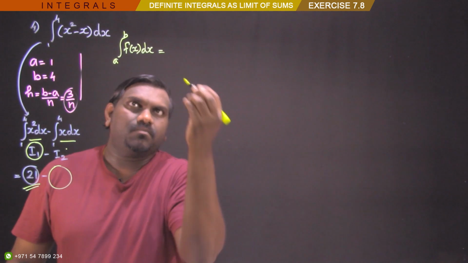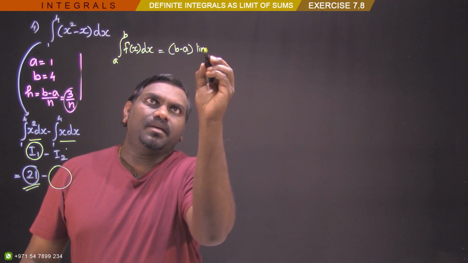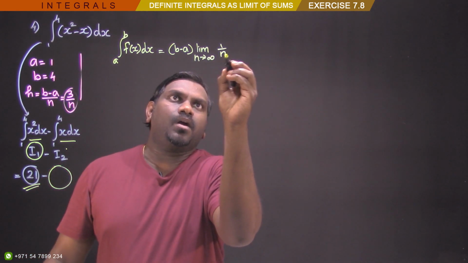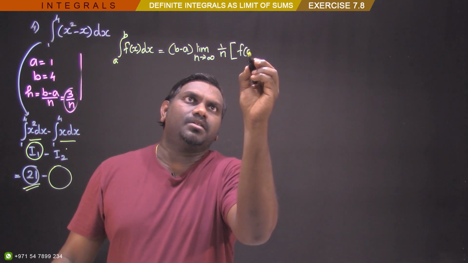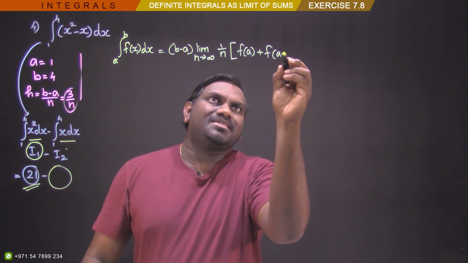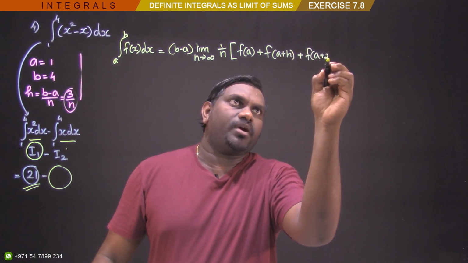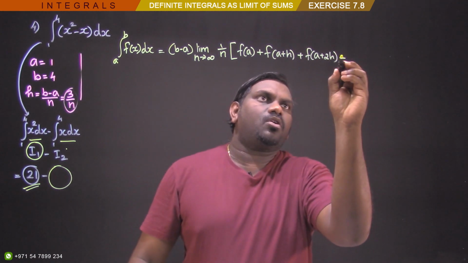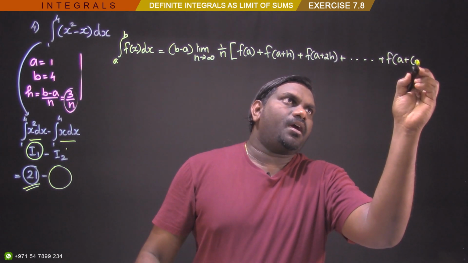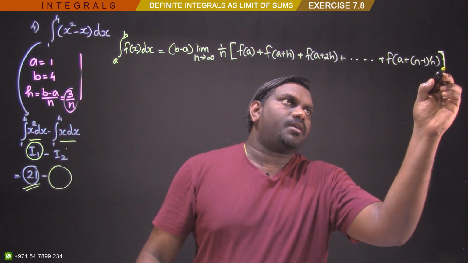It's gonna be b minus a, limit n tending to infinity, and you have 1 by n here, and you got all these terms, which is f of a plus h, plus f of a plus 2h, dear. And as it goes on and on, what will be the end term? It will be f of a plus n minus 1 h, right? Okay, this is the one.